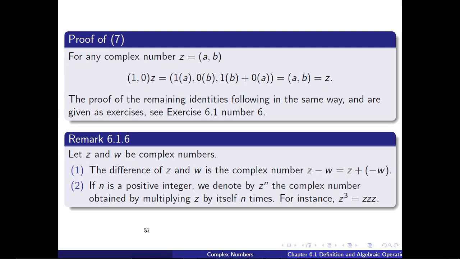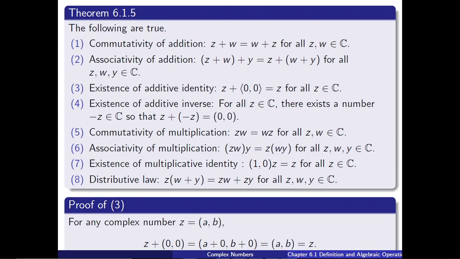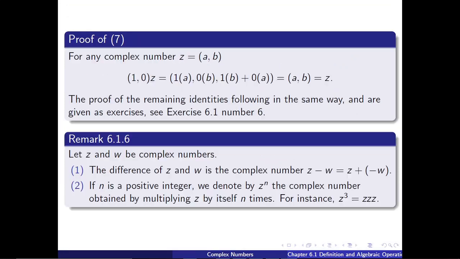Right, let's look at the proof of 7. What does 7 say? 7 is the existence of the multiplicative identity. So we want to show that if we take this complex number and multiply it by any other complex number, we get that other complex number.